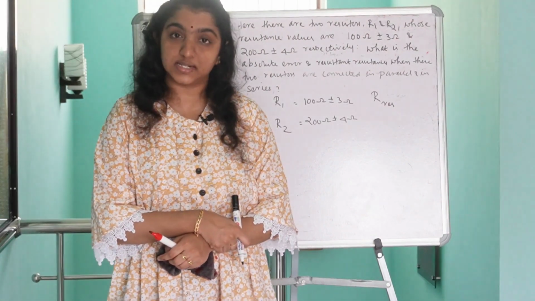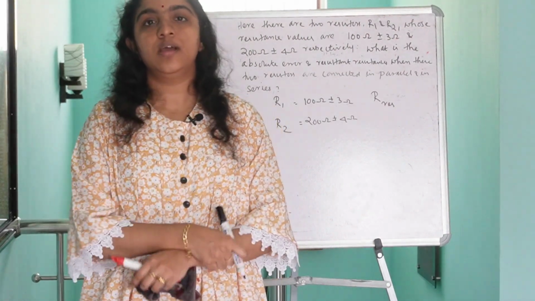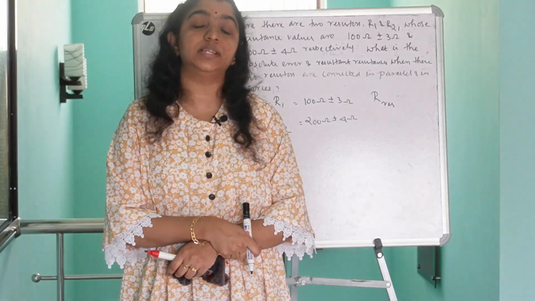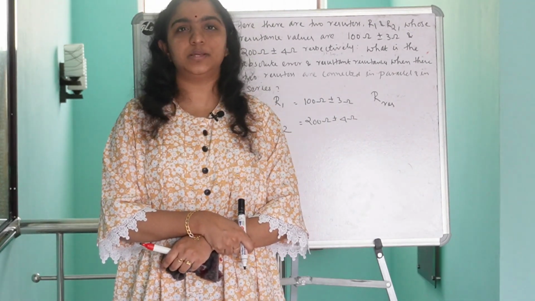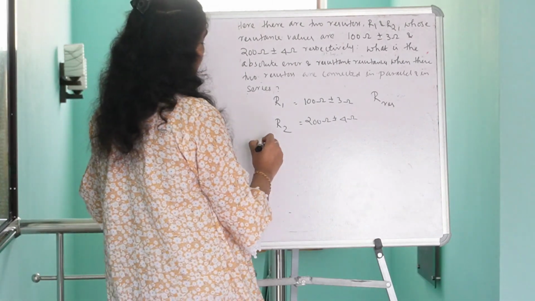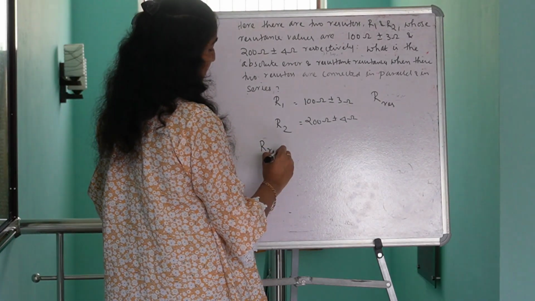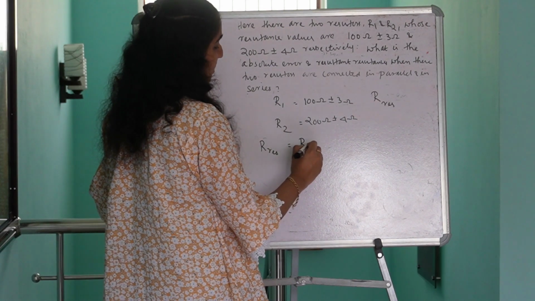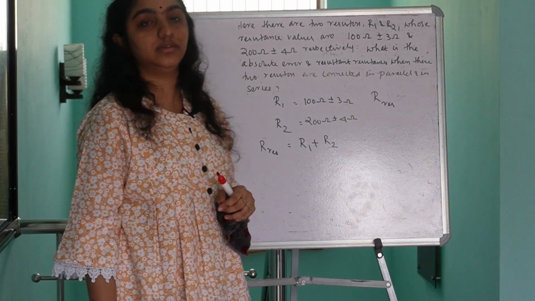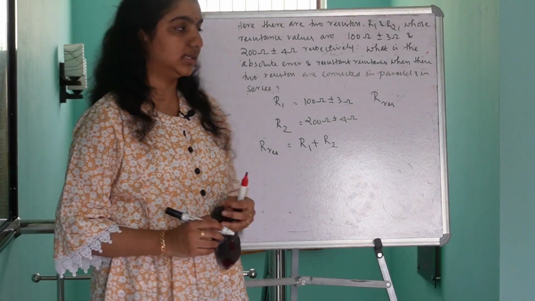So first let's find out the resultant resistance and absolute error when they are connected in series, because series is comparatively easy. When two resistors are connected in series, the resultant resistance is equal to the sum of the individual resistance values. Is it clear?